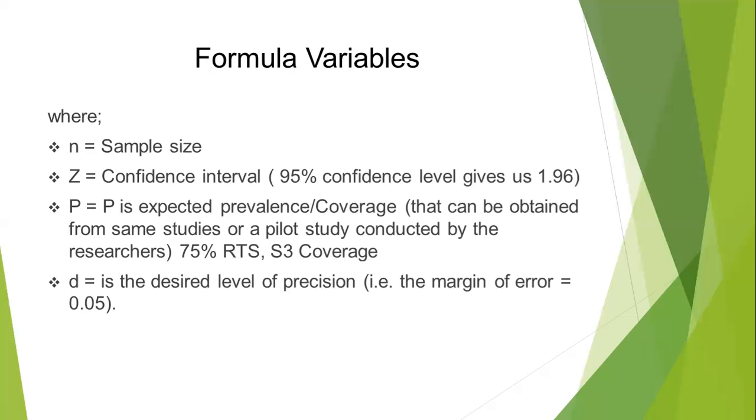So for this purpose, we are going to use 75% coverage of malaria vaccine RTS,S 3 antigen, which is the question we are going to study. Then d, which is the precision or the margin of error, which is also given as 0.05, that is 5%.